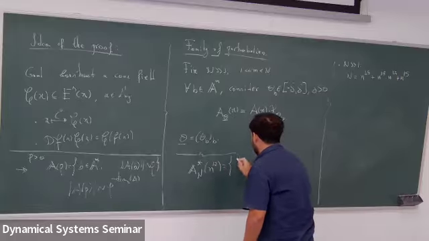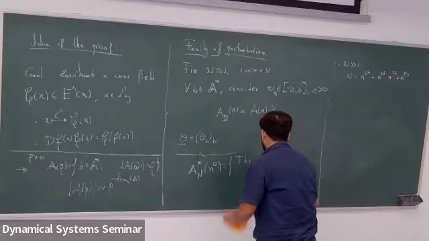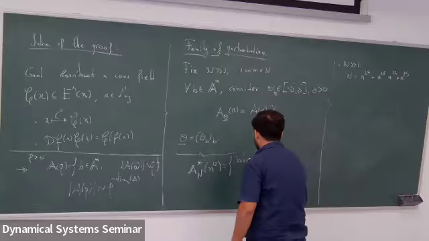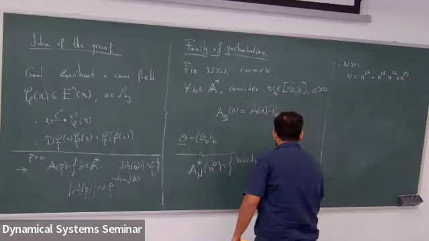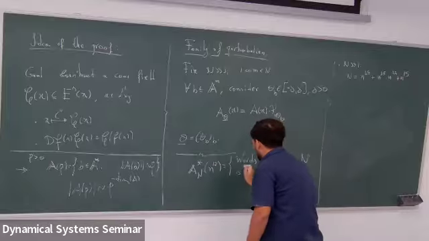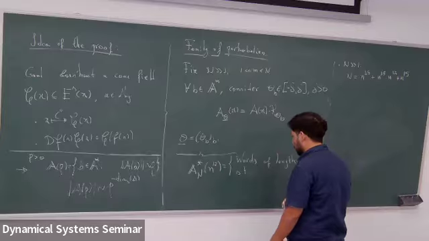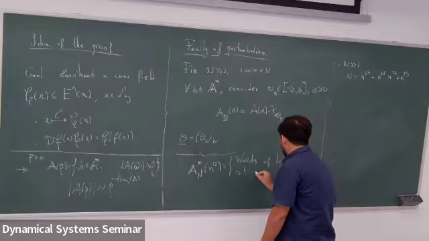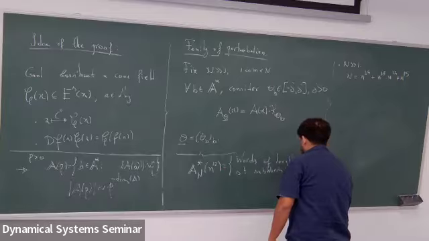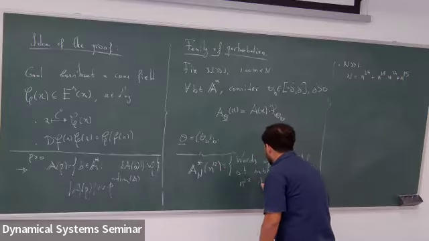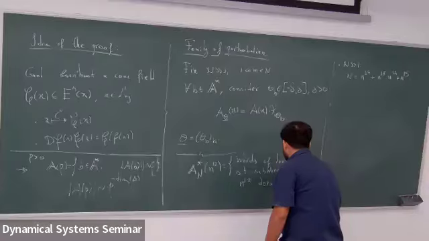This is the set of words of length capital N such that, and it will be very clear in a second, the subwords of length n to the power 12 do not appear twice inside.